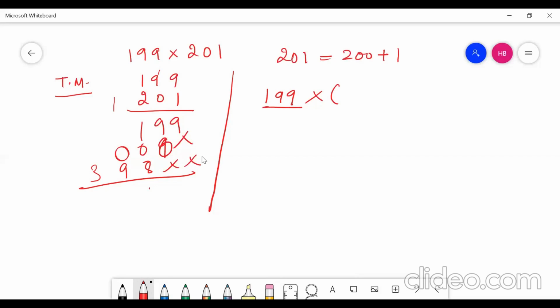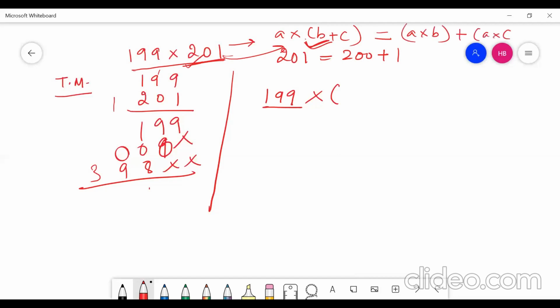And why am I breaking this number? Because I want this format to be written like A into B plus C. I want this calculation to be changed into this format. This question to be changed into this format. And why do I want to change this question into this format? Because then I can apply the distributive property like this, right?